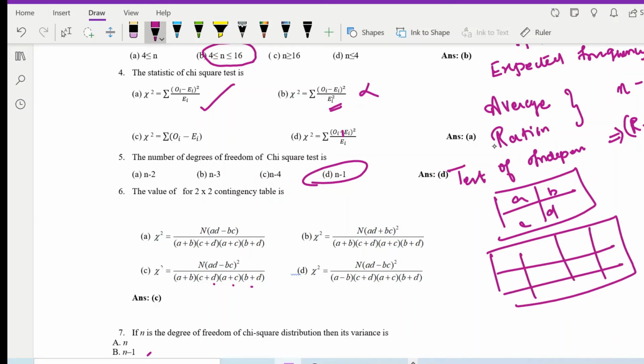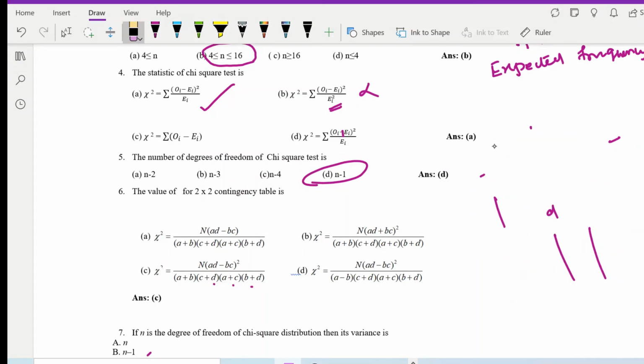In that case, the degrees of freedom is row minus 1 and column minus 1. In general, the number of degrees of freedom of chi-square is n minus 1.